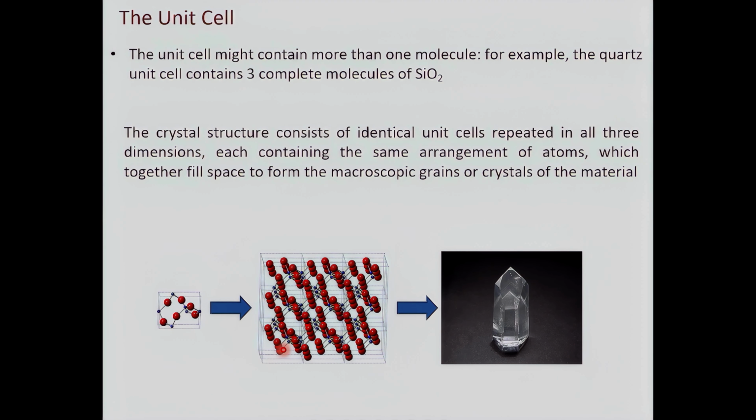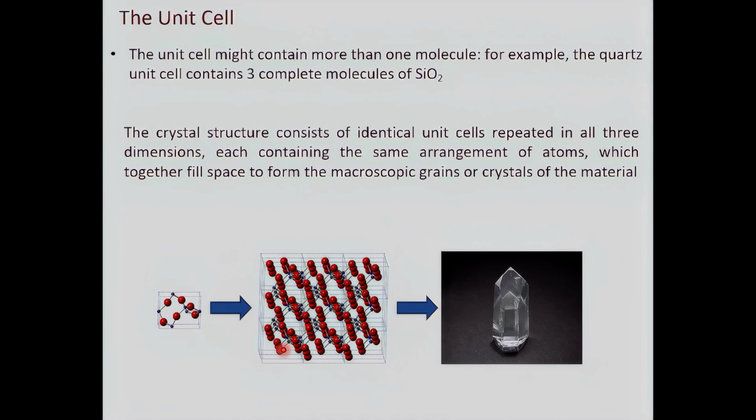In addition, in the unit cell, we can have more atoms or more molecules. For example, quartz contains 3 molecules of SiO2 inside the unit cell.